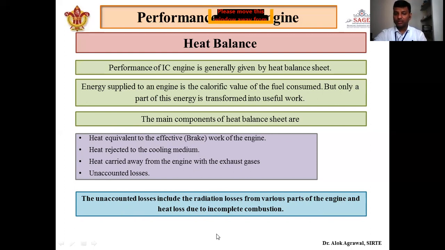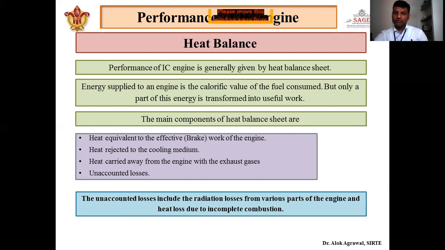All these come under the category of unaccounted losses. So after calculating the energy used in engine output, heat energy rejected to the cooling medium, and heat energy carried away by the exhaust gas, the remaining energy we consider as unaccounted losses. Okay, so this is the theory of heat balance sheet.